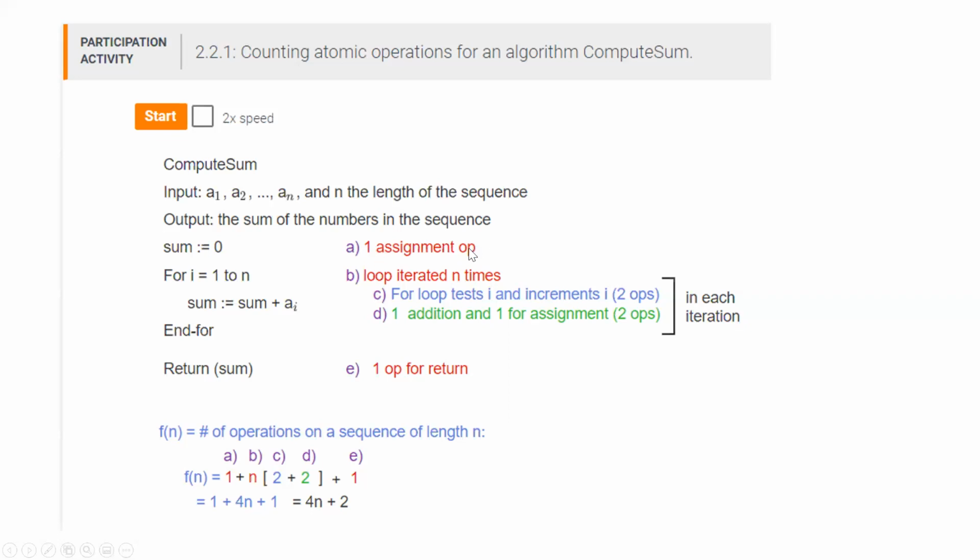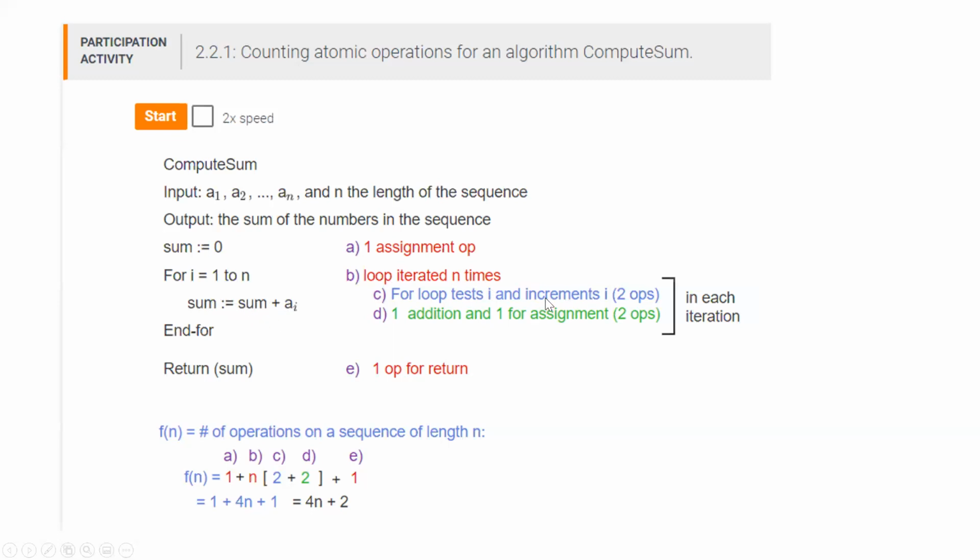Now we have a loop from 1 to n. Since it's a loop from 1 to n, this loop is going to run n times, n iterations, right? Inside here, we're going to be adding some things together, and then assigning that to sum again.